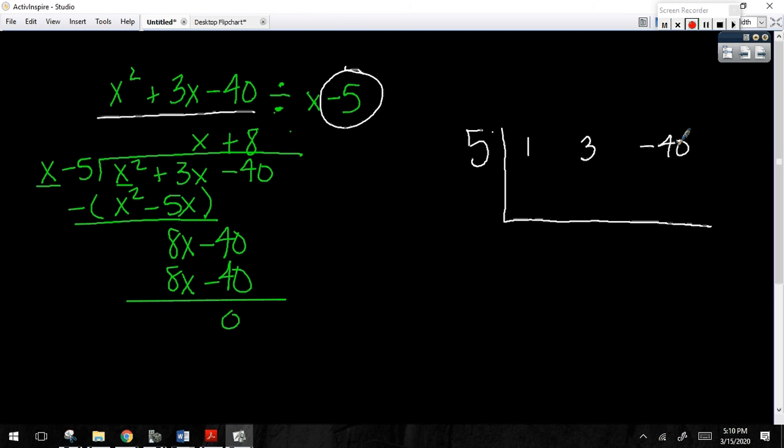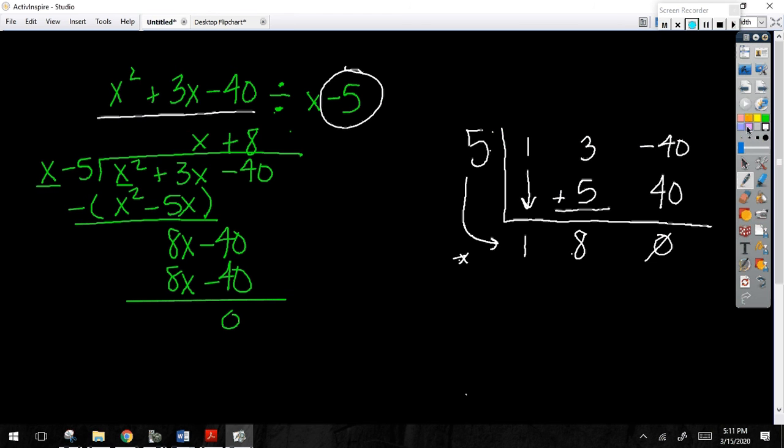All right, here's the process. Drop, multiply, 5 times 1 is 5, and add. That would give me 8. Multiply, goes here, and add.